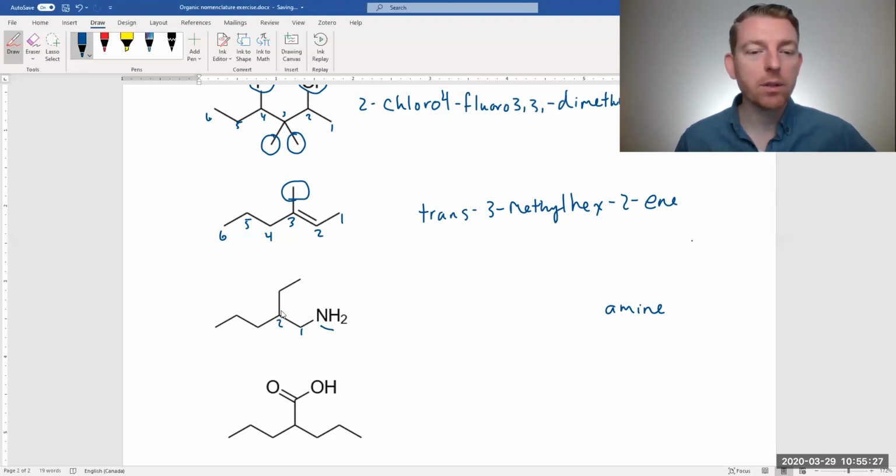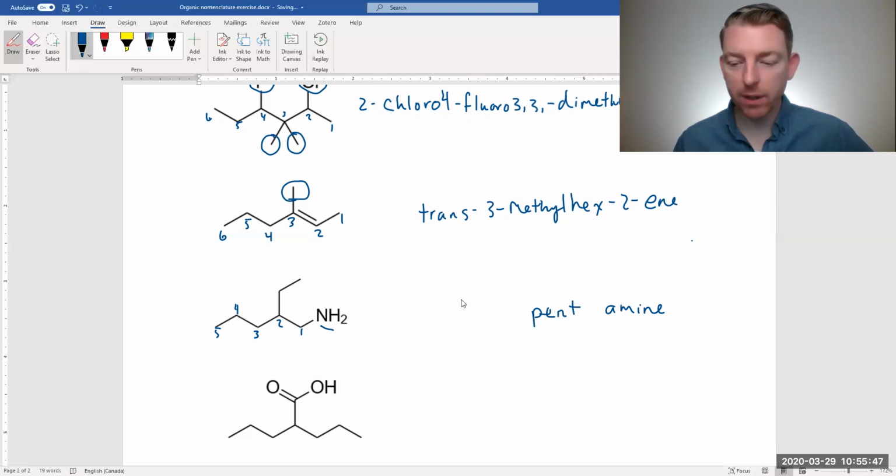1, 2, and then we can just check which one of these is the side group and which one's the parent chain by going 1, 2 or 1, 2, 3. So this is going to be the longer one, 3, 4, 5. So this is a pentamine. There's no reason for the gap, I just missed it.